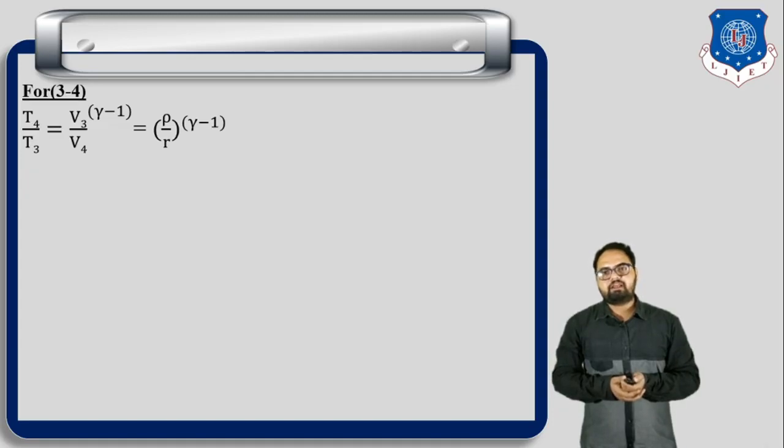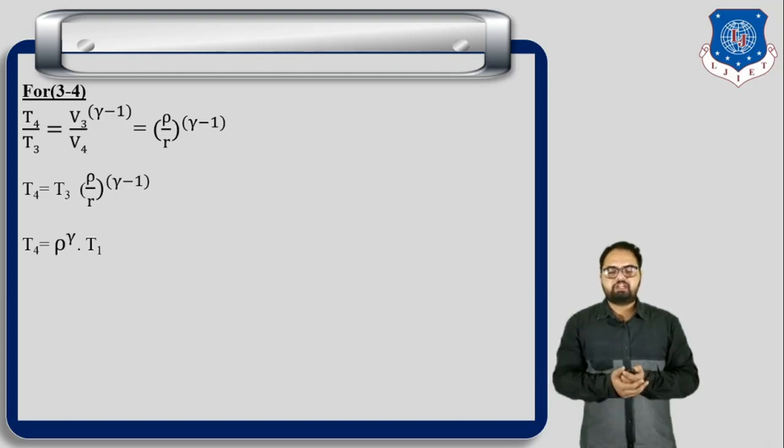We can rewrite the equation as T4 by T3 is equal to (rho by r) raised to gamma minus 1, and T4 is equal to T3 into (rho by r) raised to gamma minus 1. By putting the value of T3 in this equation we get T4 is equal to rho raised to gamma into T1.